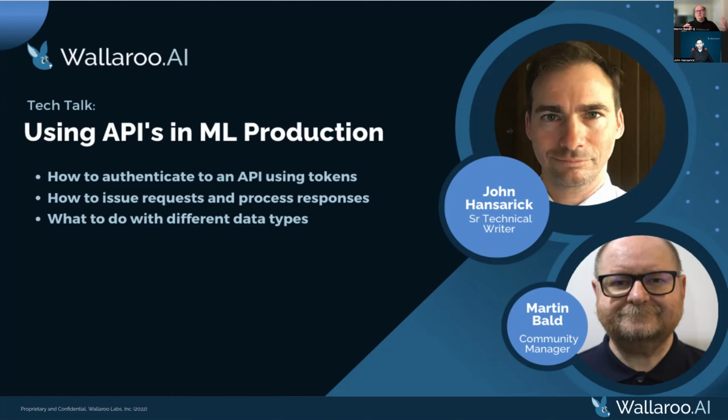We'll go through authentication of using the API, using tokens, how to issue requests and process the responses, and then what to do with different data types as well. As we all know, there are different data types used in the ideation and experimentation phase, and how do we make sure there's continuity as we go into production.